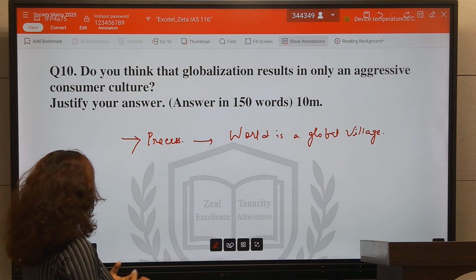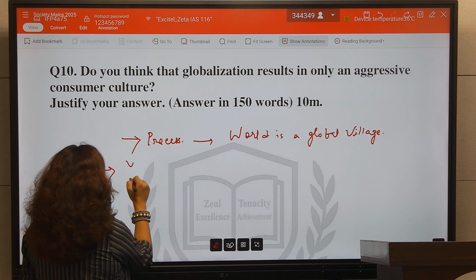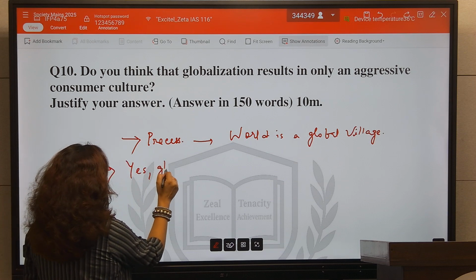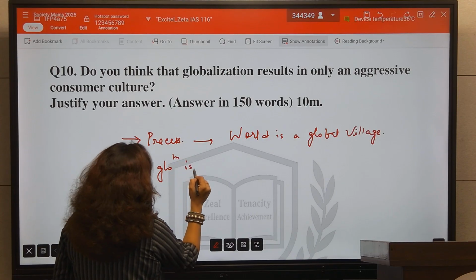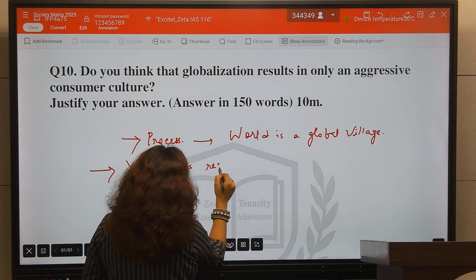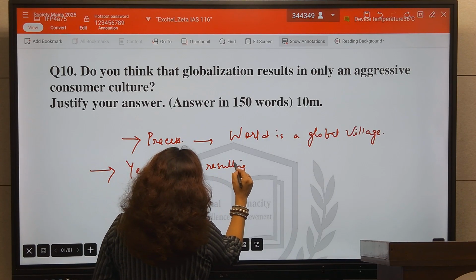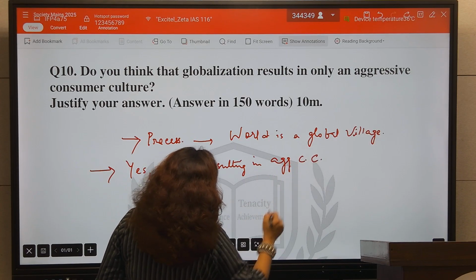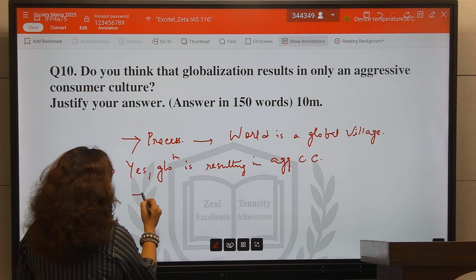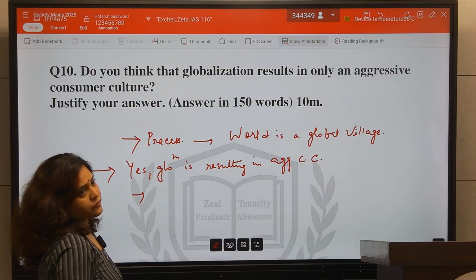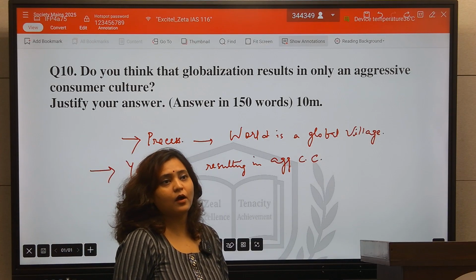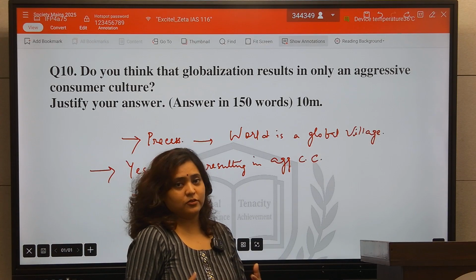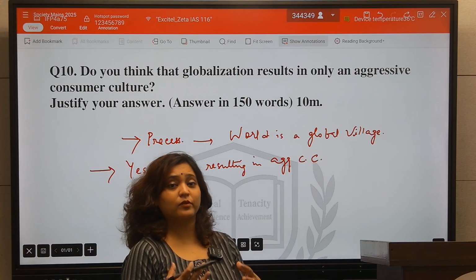Now the answer to this is that yes, globalization is resulting in aggressive consumer culture. What is aggressive consumer culture? It refers to a society where people are encouraged to buy more than what they need.